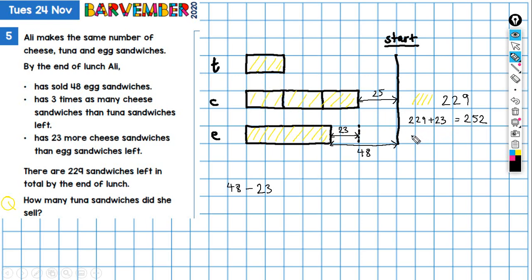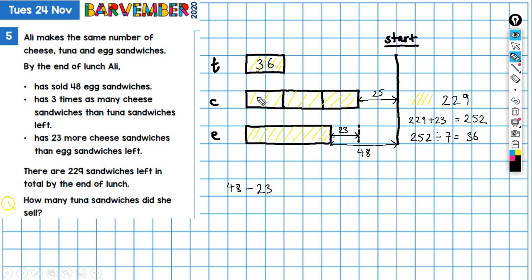I need to divide 252 by the number of blocks that that would represent. So that's 1, 2, 3, 4, 5, 6, 7. So 252 divided by 7 is 36. So I now know that each of these blocks has a value of 36. And I can work everything out now.